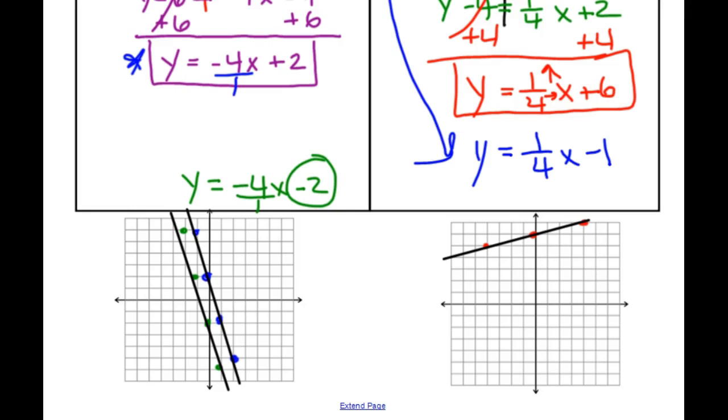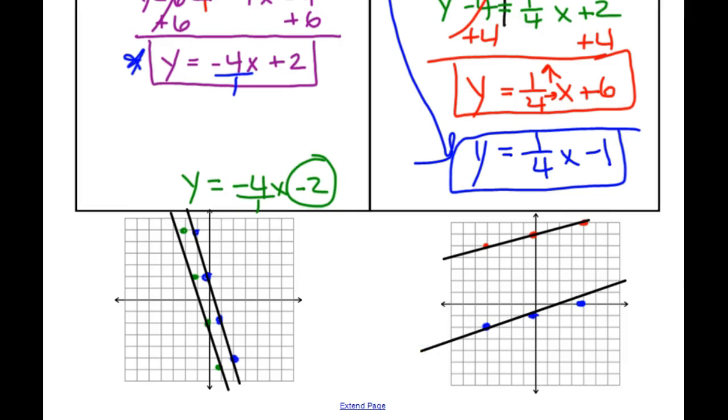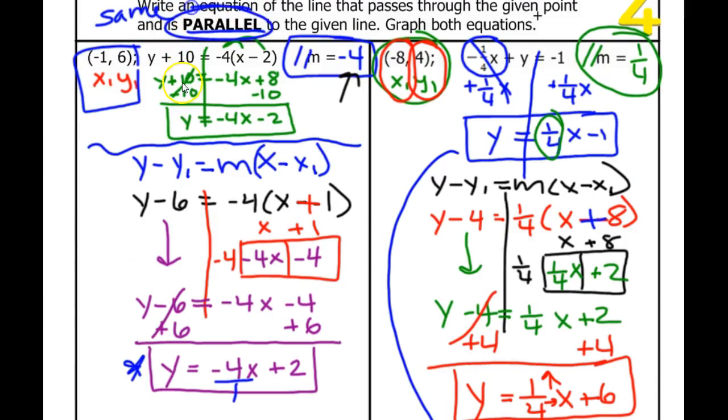So that would be our first equation. Our second one here would just begin at negative 1, and we'd have the same slope. Rise 1, run 4, or down 1, 4 to the left. Oops, not the straightest. There we go. I'm going to fix that a little bit. Perfect. And as you can see, these lines are parallel, just as we were asked to create.